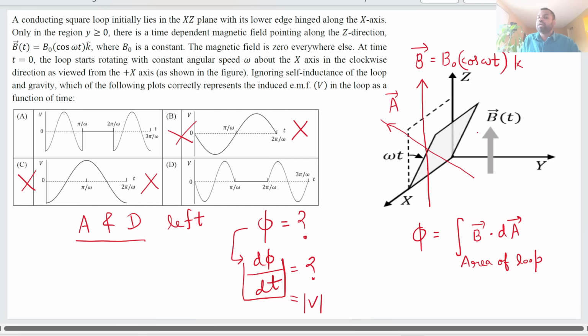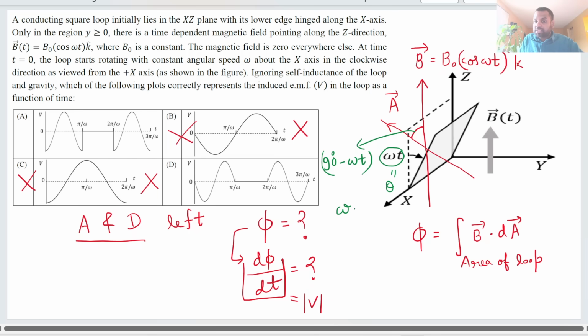right? k cap. Now look, what is this angle? What is this angle? That's what you have to find out, right? Then you can take, this is a dot product, right? You can take the component of magnetic field along A vector, right? So this angle, I will draw it here, this angle will be 90 degrees minus omega t, right? And why is this omega t? Omega t is actually your theta, right?